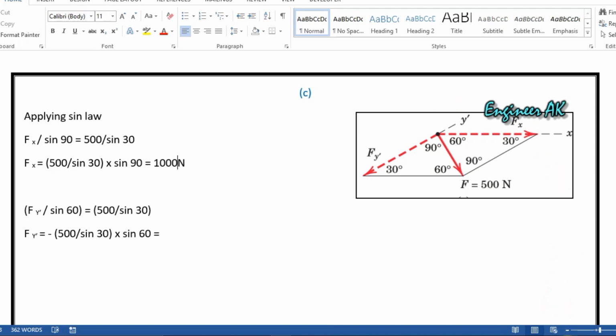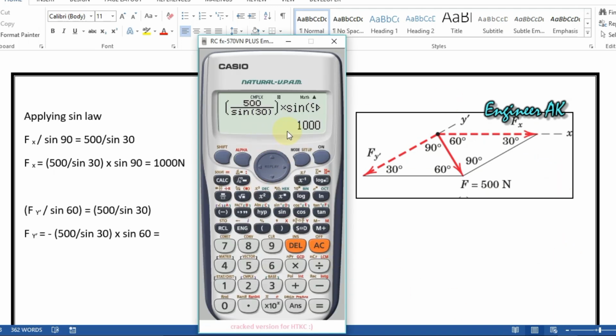And now if I plug in the second portion, so minus, right, 500 divided by sine 30 and multiplied by sine 60, so we get minus 866 Newton.